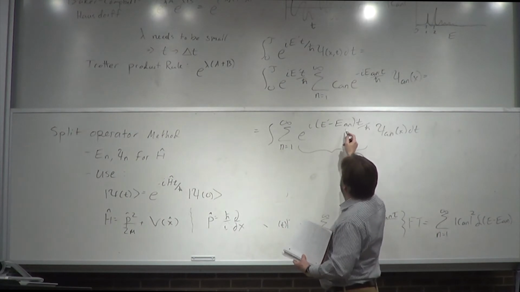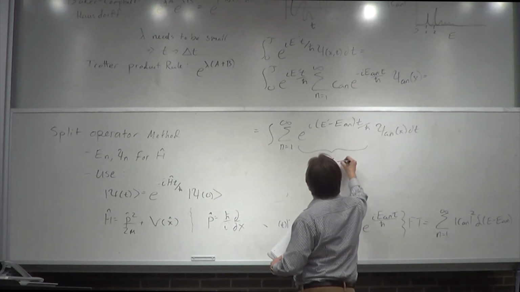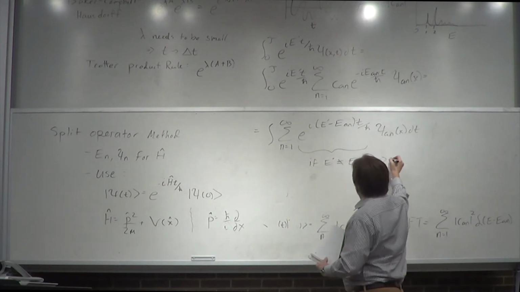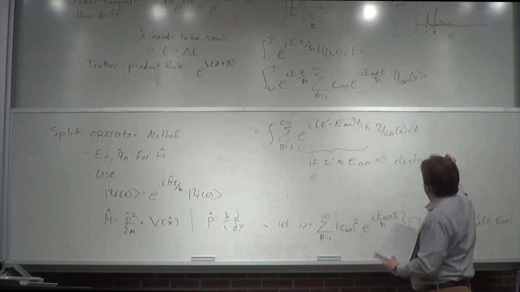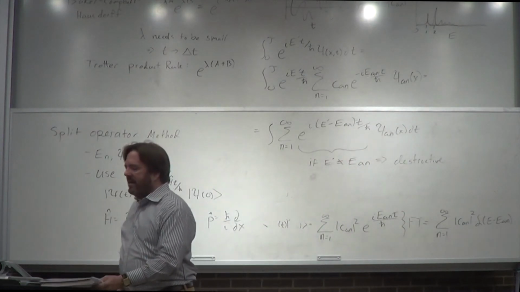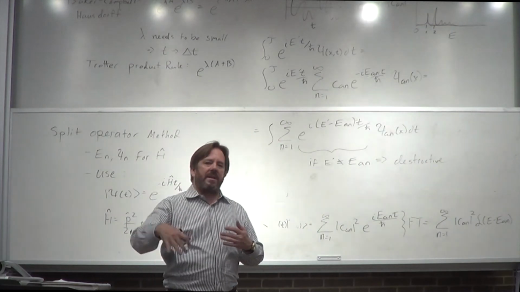If E prime is not equal to any particular a_n, you get destructive interference. You're just adding in sine and cosine, and it's up, it's down, it's up and it's down.